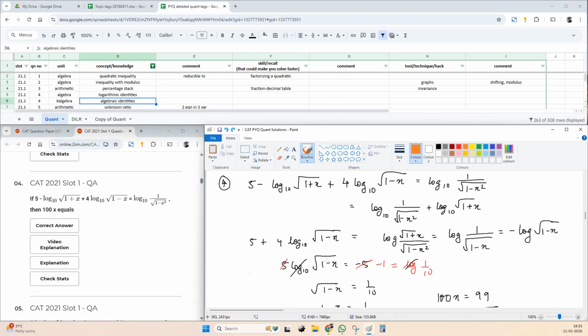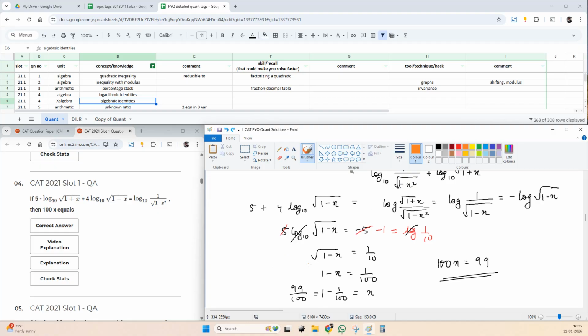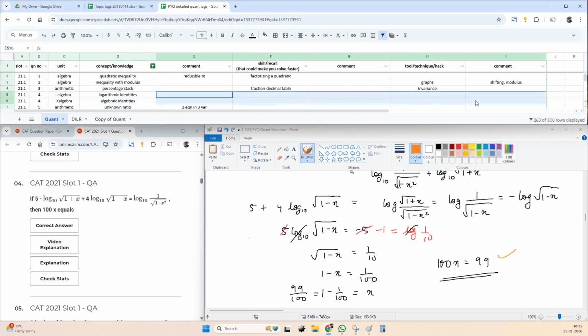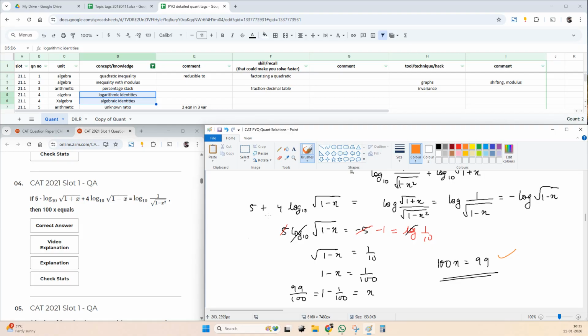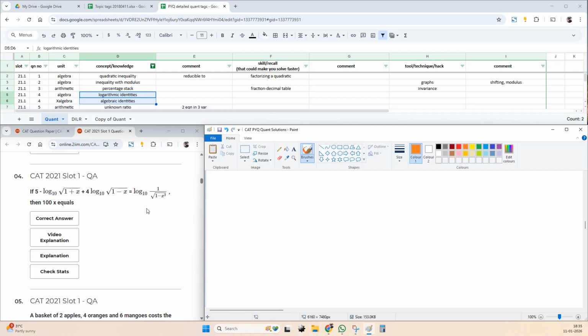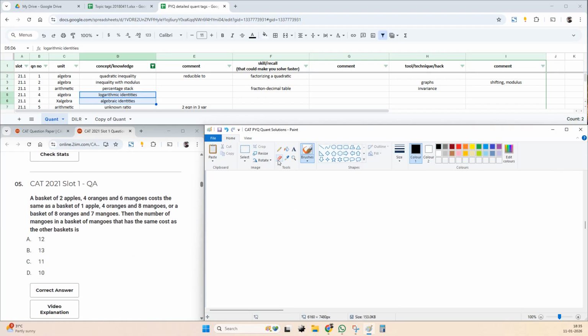Just transposition, identifying similar terms, putting them on the same side, cutting coefficients which are similar, then taking anti-log on both sides. That is the other log concept there. Then again more transposition, cross multiplication until you get the answer. Nothing fancy here, nothing additional to provide, just the two concepts. That's question 4. Let's move on to question 5.